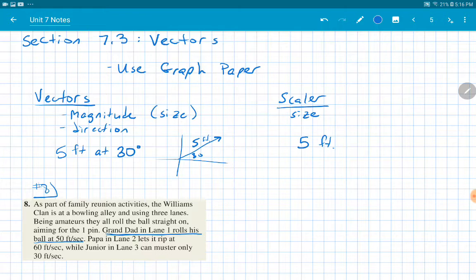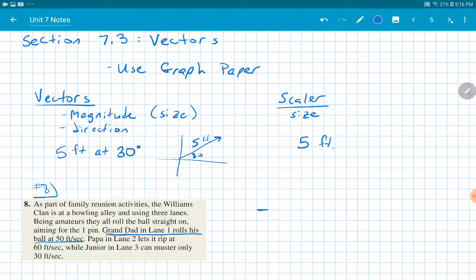So that's strength. So magnitude can be size. It can be a number of feet, but it can also be a number of pounds, the weight or the strength or the distance. There are a lot of different ways to measure size. So in this case, we're measuring how many feet per second he got. So let's say one little tick mark here is 10 feet per second. So let's do 5, so it makes a little longer line.